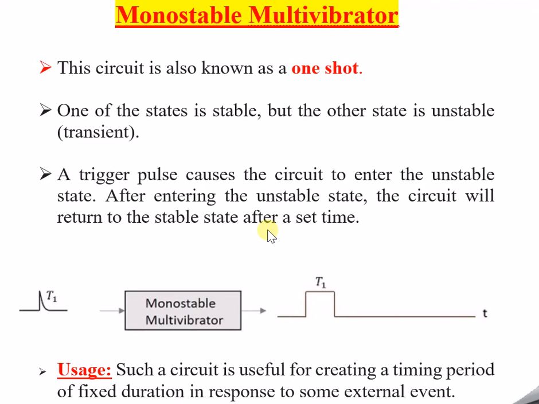When we provide a trigger pulse, the circuit enters into the unstable state. Once it has entered the unstable state, how long will it remain as it is? The circuit will return to the stable state after a set time.